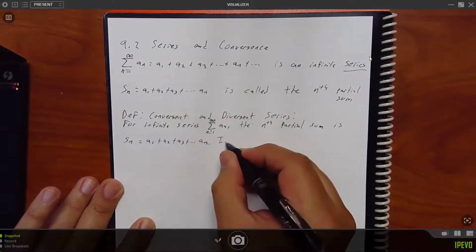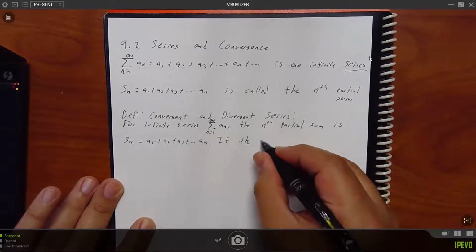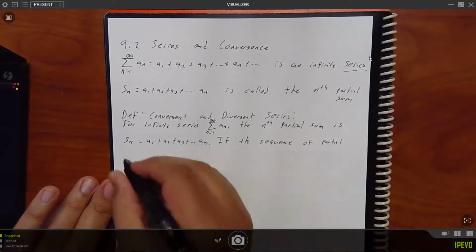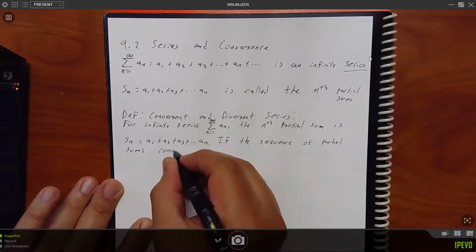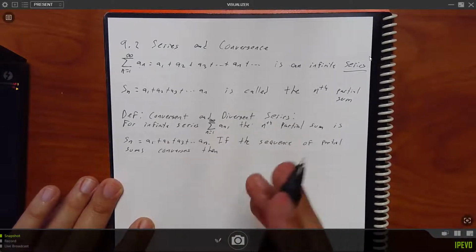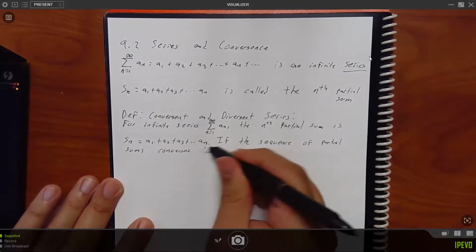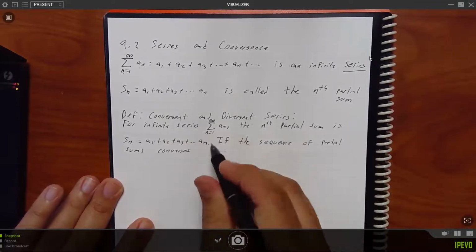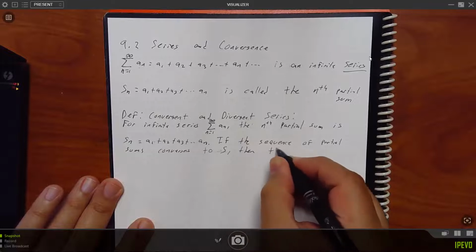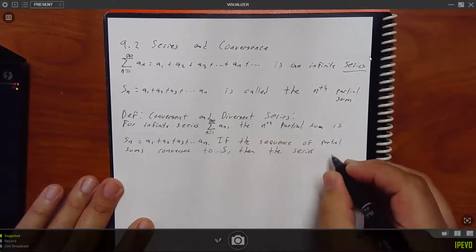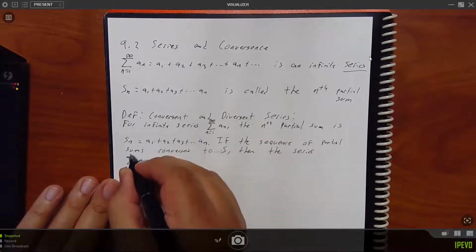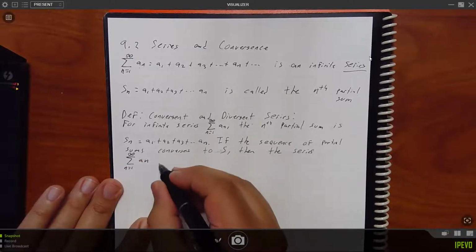So the idea is if the sequence of partial sums converges, to be specific, converges to capital S, then the series of a sub n from n equals 1 to infinity converges.